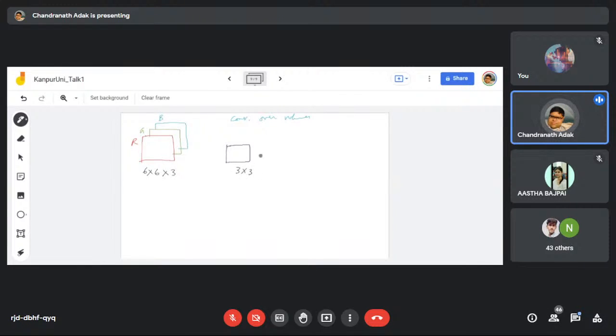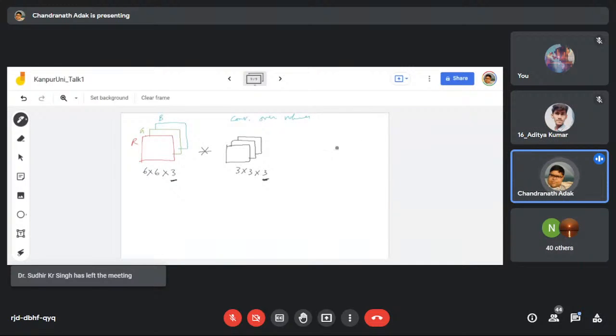Now obviously I have 3 cross 3 cross 3 because I have to match this 3 and this 3. Look carefully at this step. I am performing the convolutional operation. How will I perform it? Any idea with anyone?